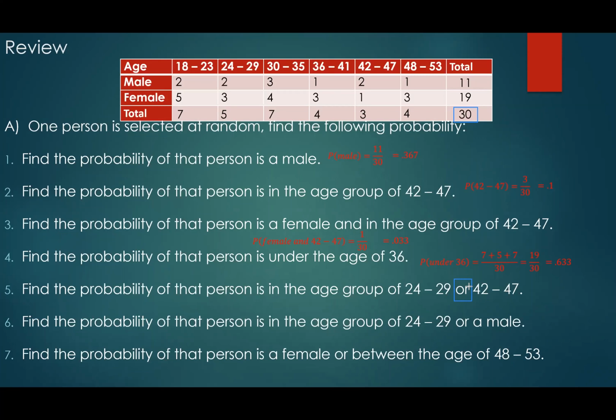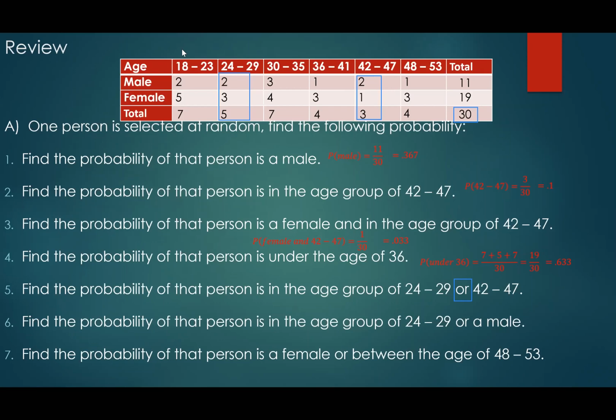They ask you, what is the probability that you select one person, and that person is in the age group of 24 to 29, or in the age group of 42 to 47? Everybody can see that these are the 2 age groups they ask us about, between 24 to 29, or 42 to 47.